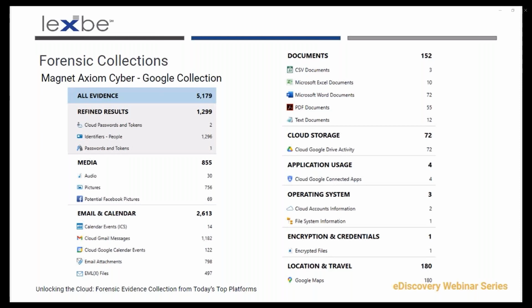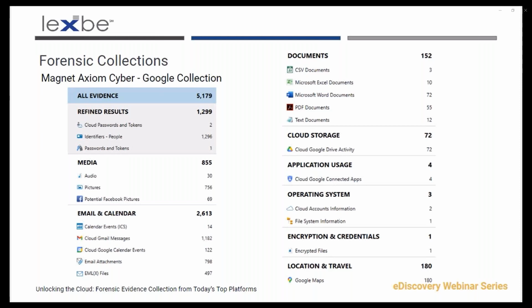Here you can see that you can get information, different audio that's saved to my account, different pictures, and some Facebook information that's saved on my account, probably because my Google account and my Facebook are linked. You can see we can collect calendar data, Gmail, all the different messages I have, attachments for all those emails that I pulled. On the right side, you see the different types of documents that I pulled from my account.